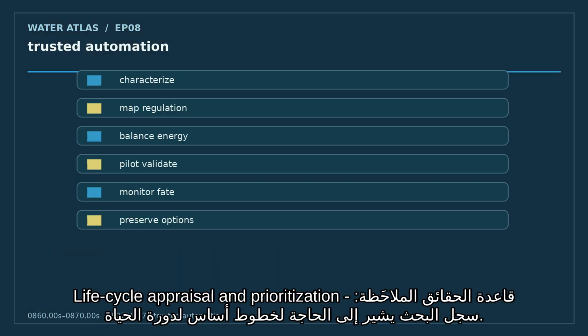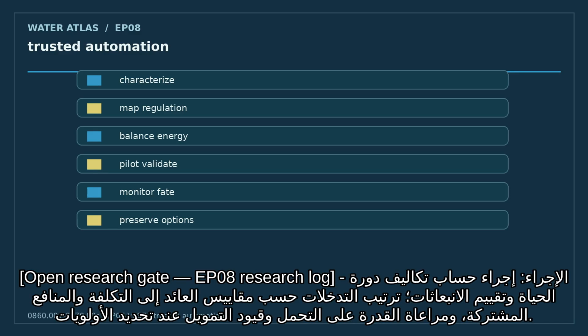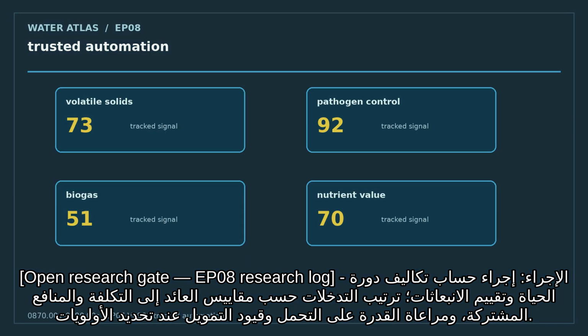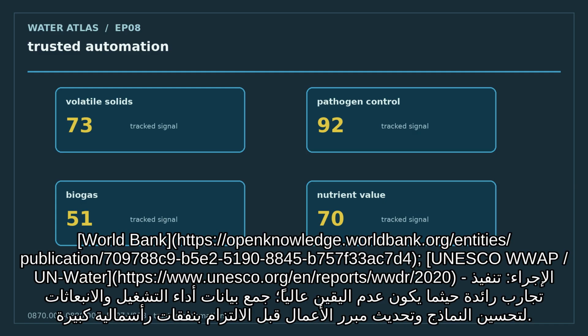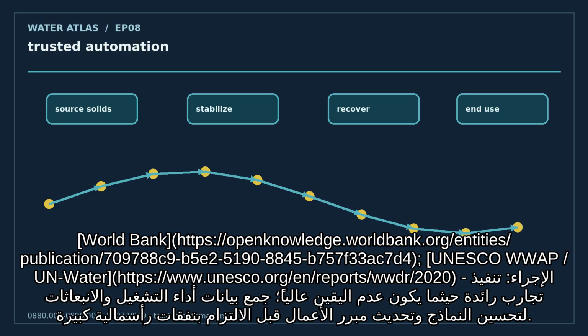Sixth, perform life cycle costing and emissions assessment. Rank interventions by benefit to cost and co-benefit metrics, and consider affordability and financing constraints. Seventh, pilot, monitor, and iterate where uncertainty is high. Collect operational and emissions performance data to refine models and update the business case before large capital outlays.